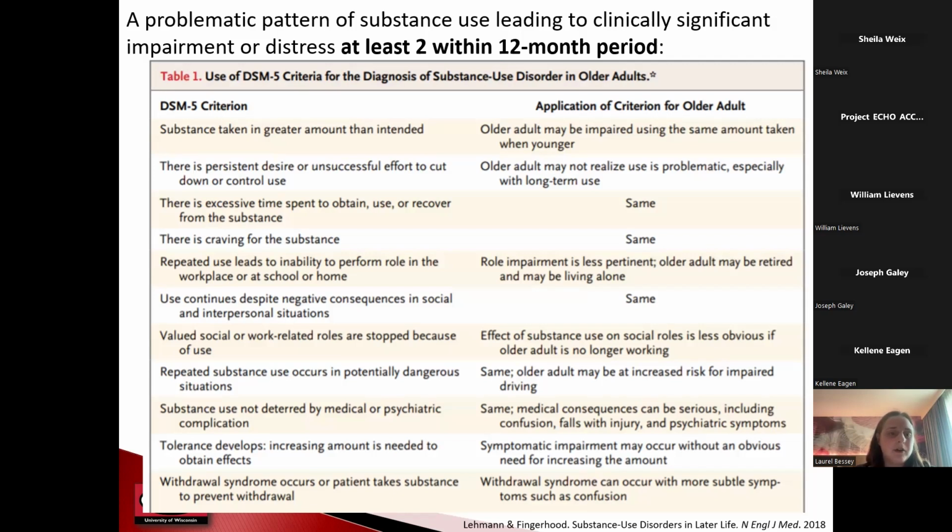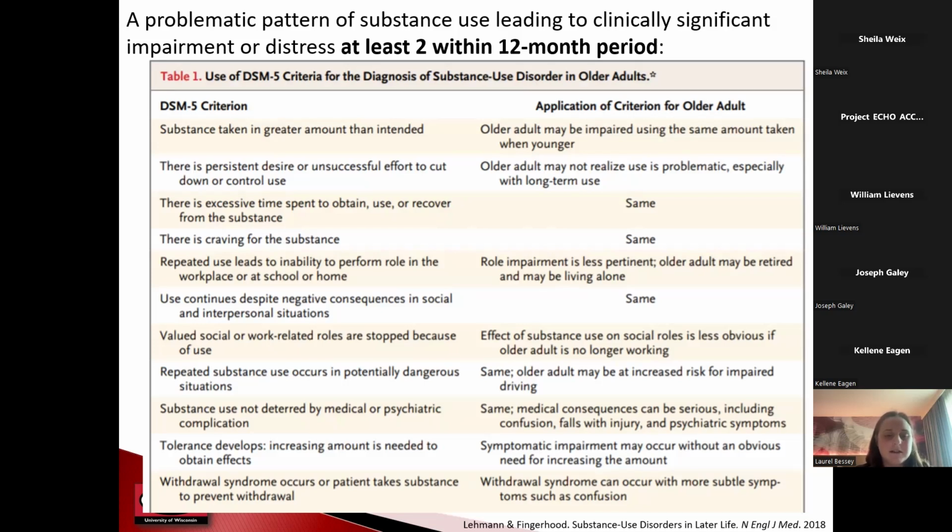So for example, for substance taken in greater amount than intended, our older adult population may be more impaired using the same amount that they took when they were younger. So you might need to consider that differently. Role impairment is definitely less pertinent in older adulthood. People might be retired or living alone.